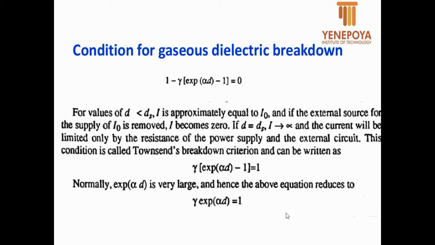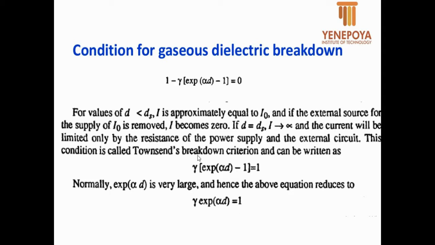If D equals ds, I tends to infinity, and the current will be limited only by the resistance of the power supply and external circuit. This condition is what we call Townsend's breakdown criterion, and it can be written as follows.